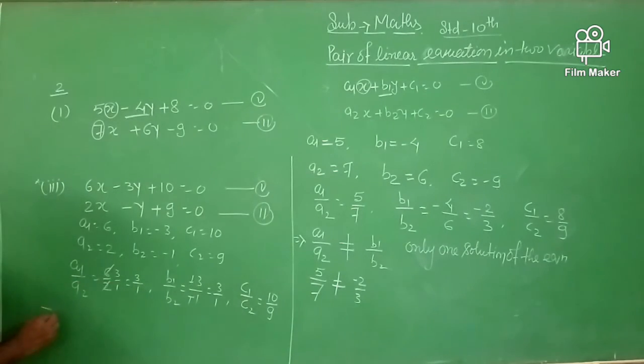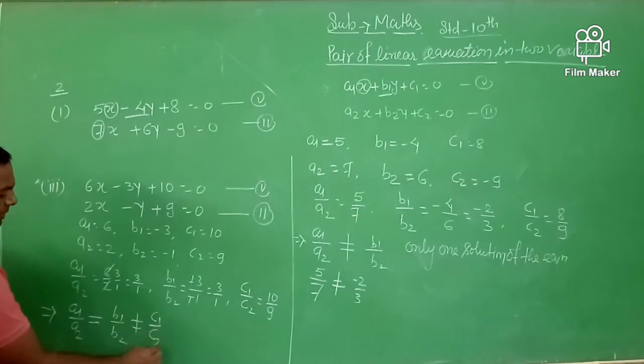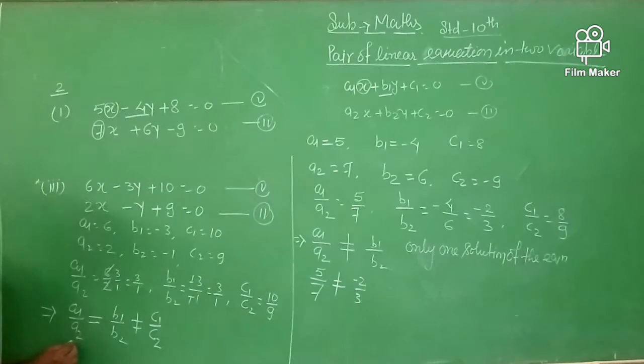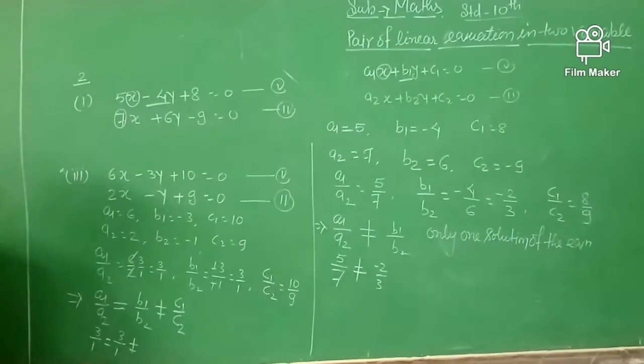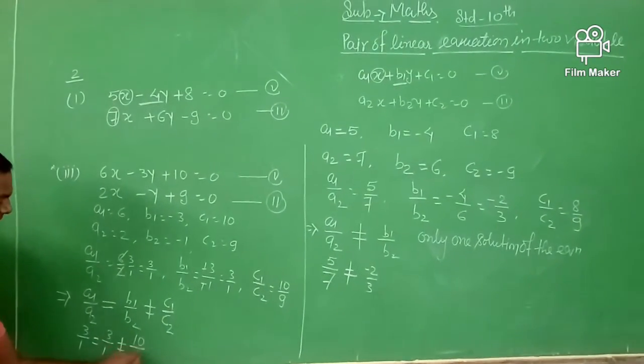Here you see the condition: a1 by a2 is equal to 3 by 1, b1 by b2 is also 3 by 1, and it does not equal c1 by c2, which is 10 upon 9.